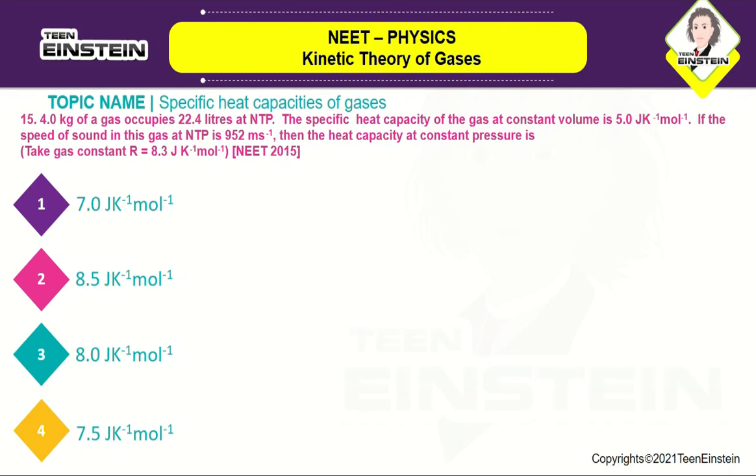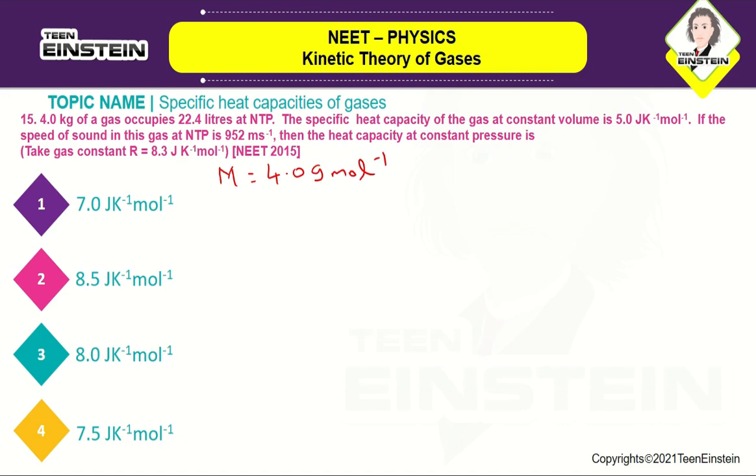Okay, so here since 4 grams of gas occupies 22.4 liters at NTP, the molecular mass of the gas is 4. So M value is 4 gram per mole.